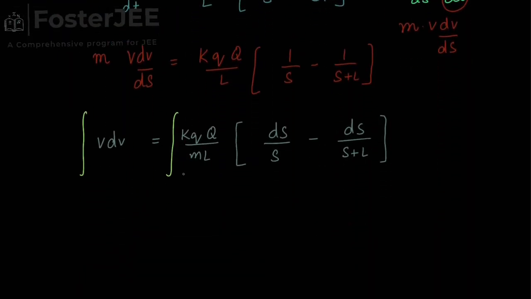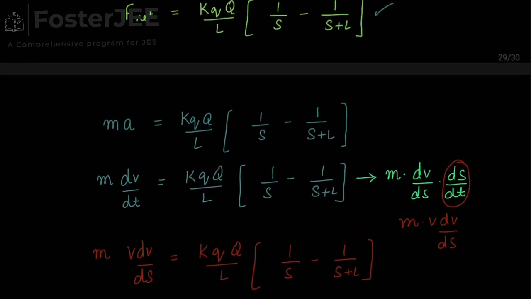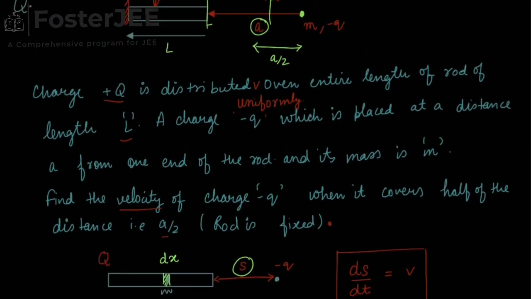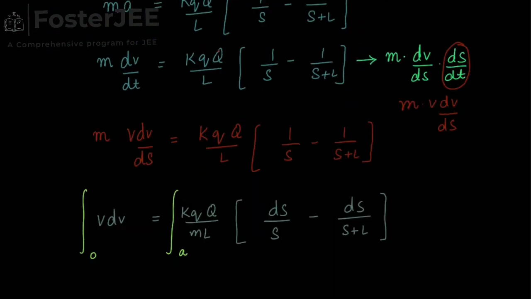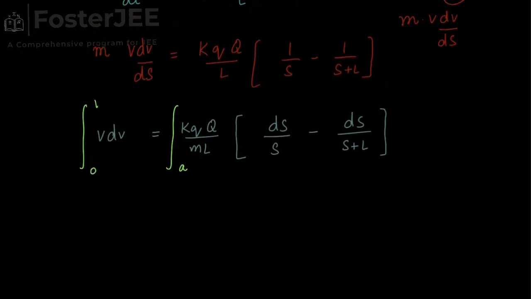So when s was equal to a, the velocity was 0. And from the question, we have to evaluate the velocity when s becomes half, that is a by 2. So we need velocity v when s becomes a by 2.